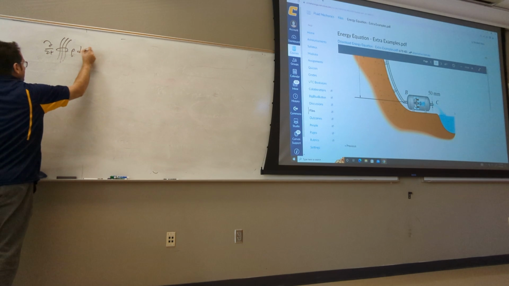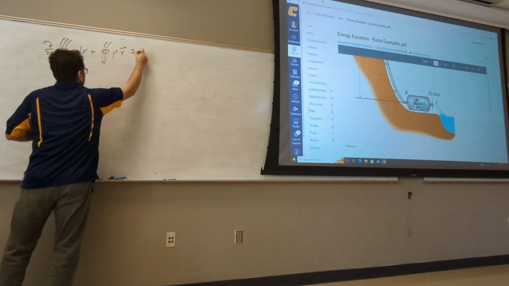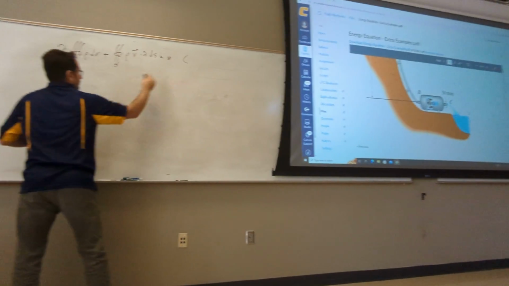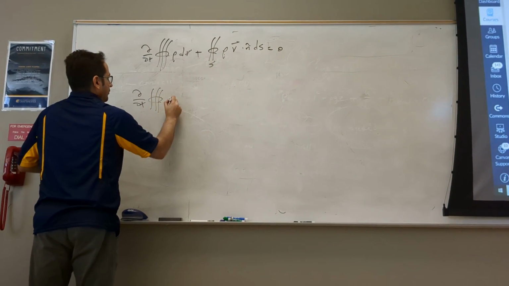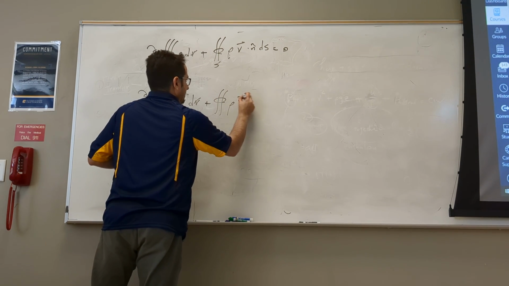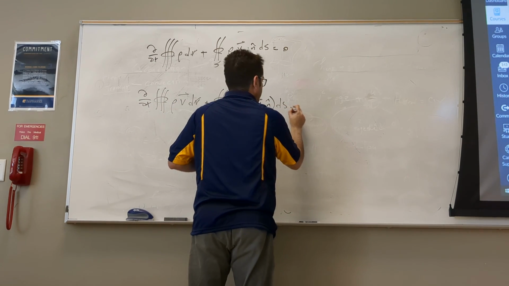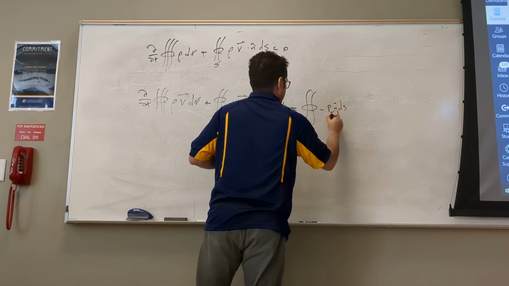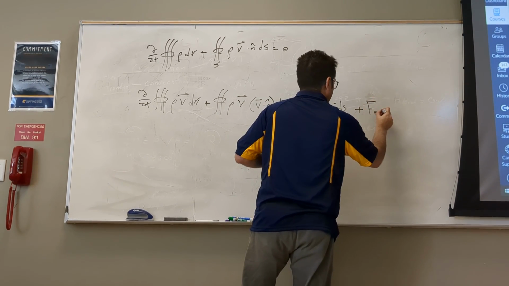The integral of rho dV plus the surface integral of rho v dot n dS equals 0. I won't write the name of it right now. Then the integral of rho v dV plus the surface integral of rho v (v dot n) dS is equal to negative p n dot dS plus F external.